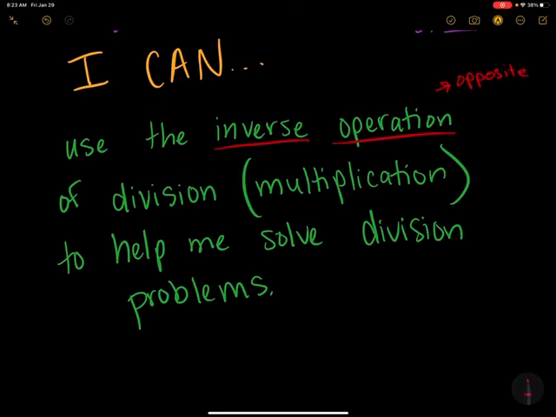It's the opposite operation that's going to help us solve. So for division, we use multiplication. The opposite operation of subtraction is addition. So this is going to help us solve division problems.